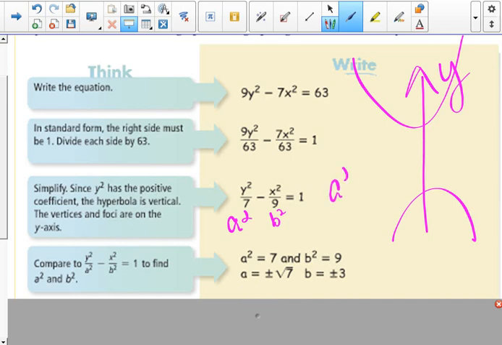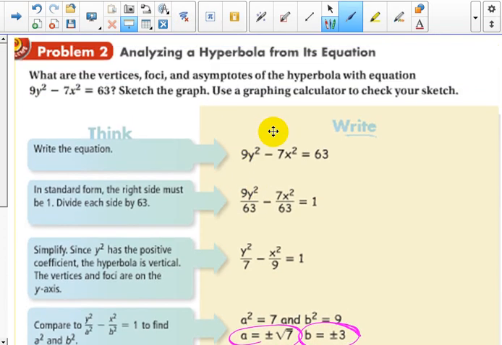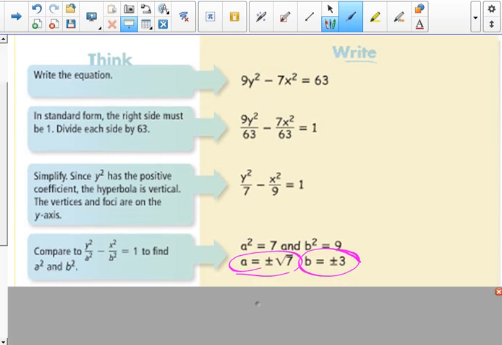Because a squared equals 7, take the square root of each side. So our b is, take the square root of each side, positive negative 3. So now we can start answering the vertices, the foci, and the asymptotes.